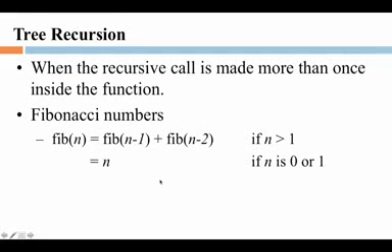And if n is 0 or 1, so this is the example of tree recursion where a recursive call is made more than once. In the mathematical definition of the Fibonacci numbers, the nth Fibonacci number is a sum of the immediately previous two Fibonacci numbers, and the base values of the Fibonacci numbers for n equal to 0 and 1 are 0 and 1 respectively.